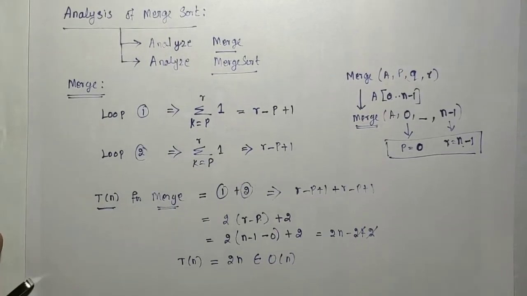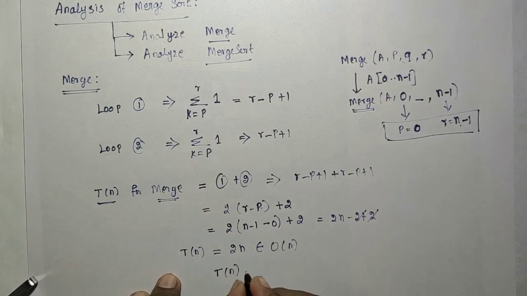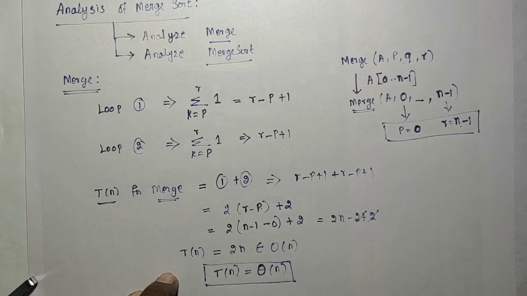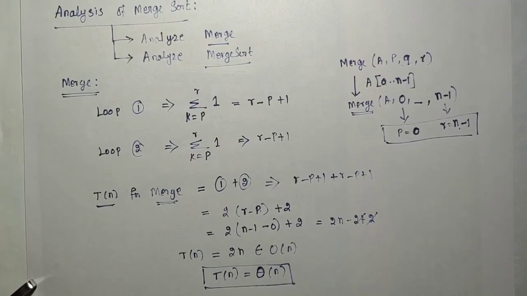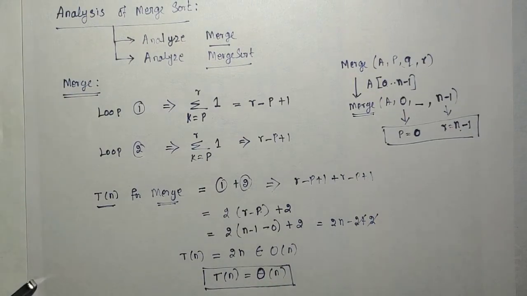So the time complexity of the merge algorithm, T of n, equals O of n or theta of n. We can say O of n or theta of n, like that we can consider. Now we got the complexity for the merge algorithm, and now I need to find the complexity of the merge sort algorithm.